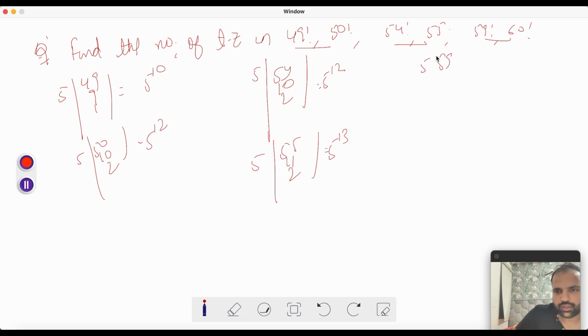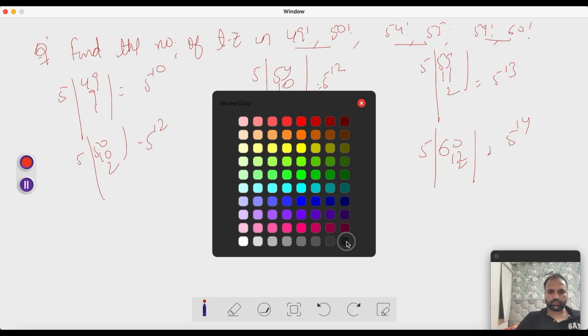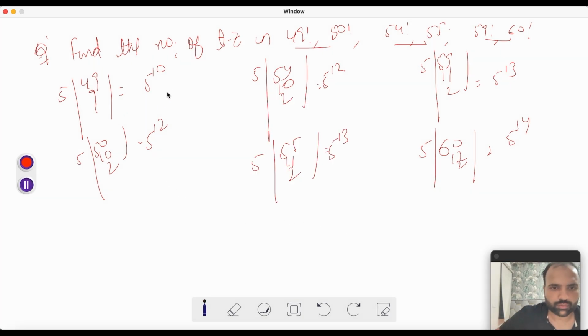In 59 you have 13, and in 60 you have 14. Now see one thing, just observe it for a second before you reach a conclusion.